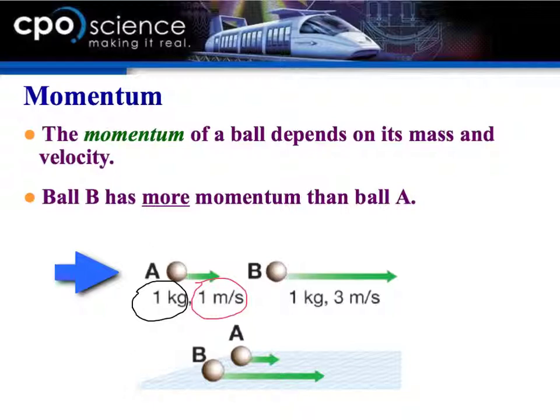Ball B has a mass of 1 kilogram and a velocity of 3 meters per second. So ball B is moving at a higher velocity than ball A. Therefore, ball B has more momentum than ball A, because momentum is dependent on mass and velocity.